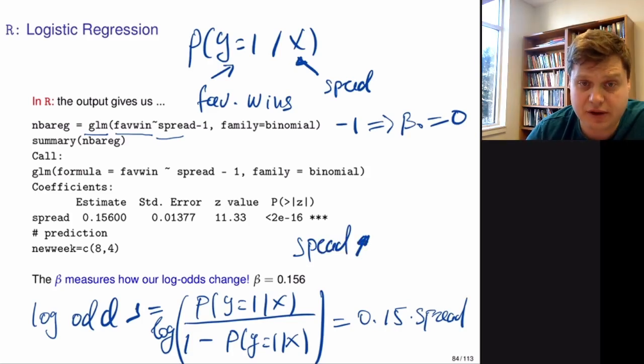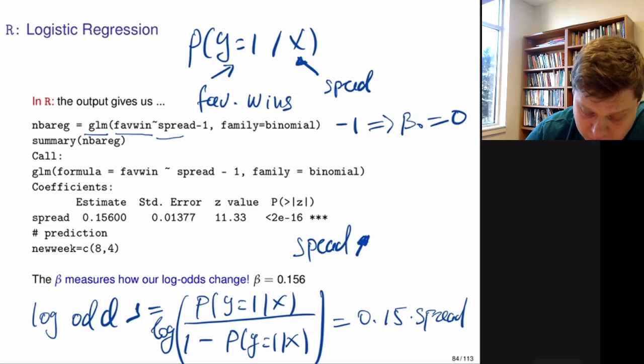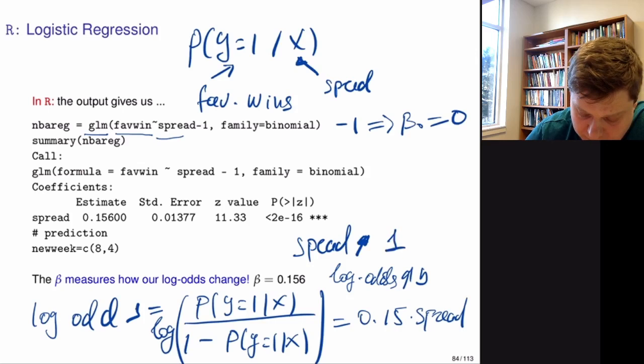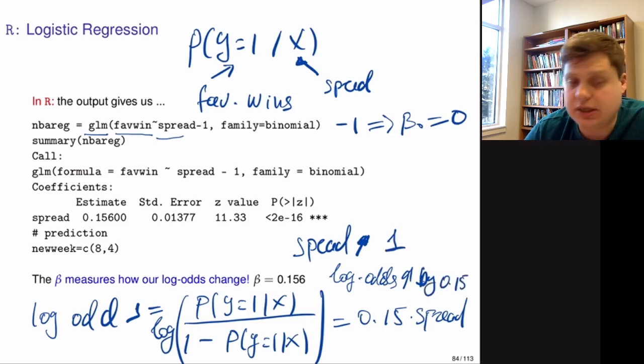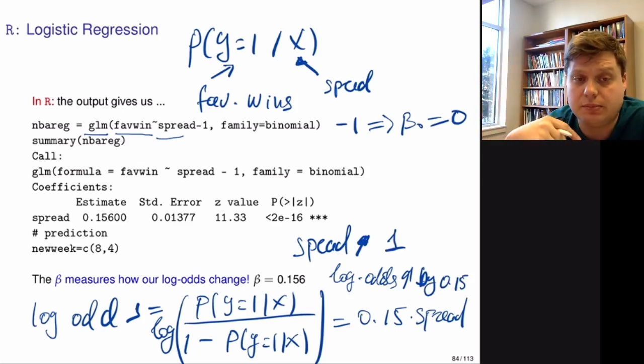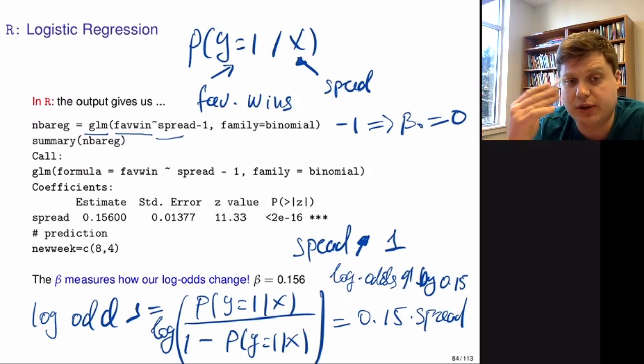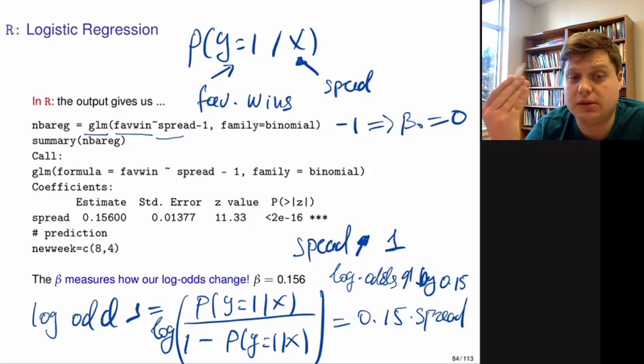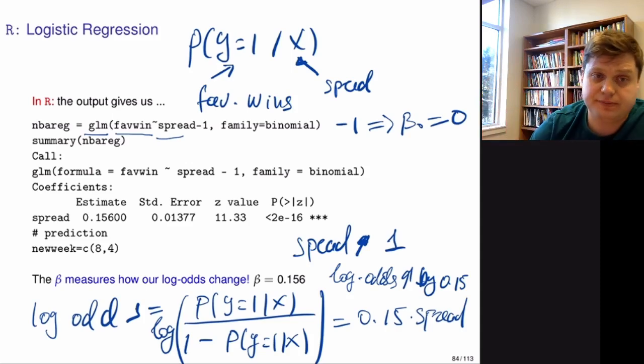The odds on the logarithmic scale go up by 0.15. So when the spread goes up by 1, log odds go up by 0.15. Essentially, the model did confirm our exploratory, visual analysis, that bookies do a decent job when they try to predict the outcome of the games. Whenever they give a high spread to the team, then the log odds of this team winning go up. So beta 1 is positive.